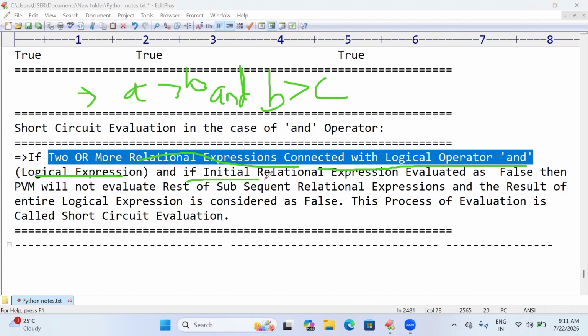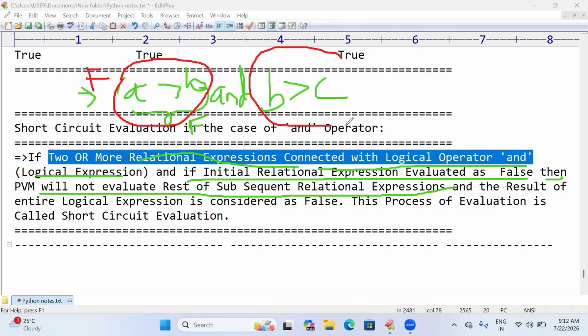If the initial relational expression is evaluated as false, then PVM will not evaluate the rest of the subsequent relational expressions.